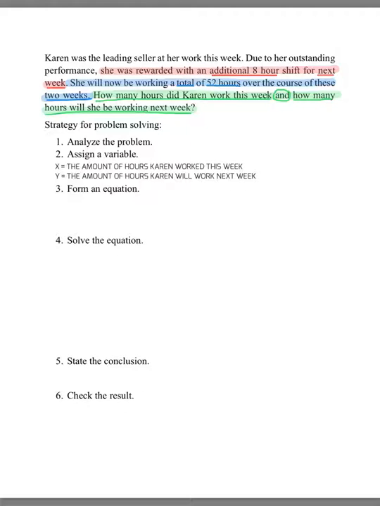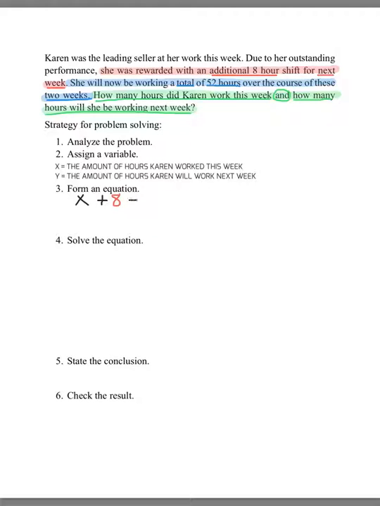So what do we know? Well, we know x represents the amount of hours Karen worked this week. What else do we know about the amount of hours that she worked next week? We know that next week she's going to be working 8 more hours. So we're going to have x, which is the amount of hours she worked this week, and we're going to add to that 8 more hours.